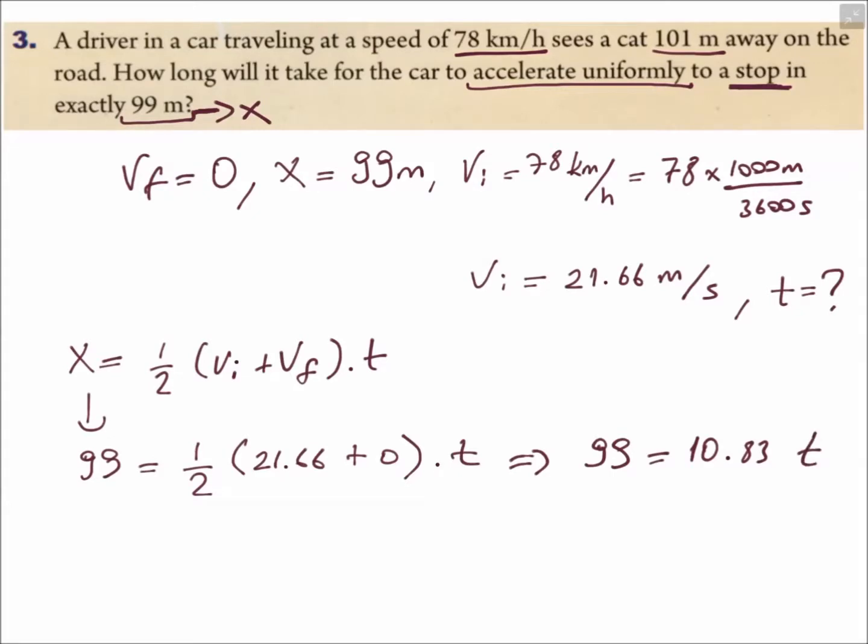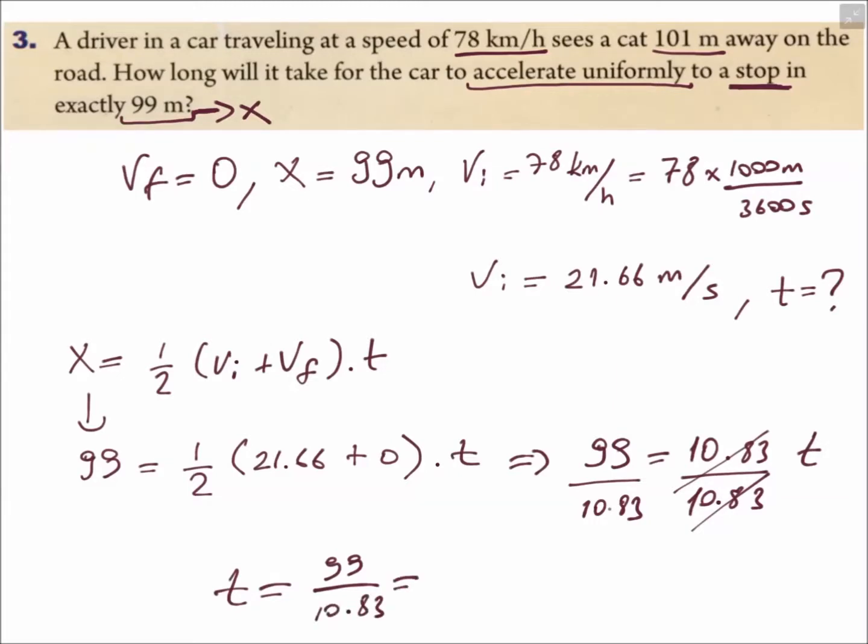So if you divide both sides by 10.83, we're going to find t, and the t will be 99 over 10.83. That means that's equal to 9.14 seconds. Thanks for listening.